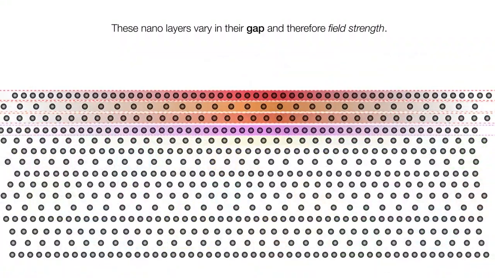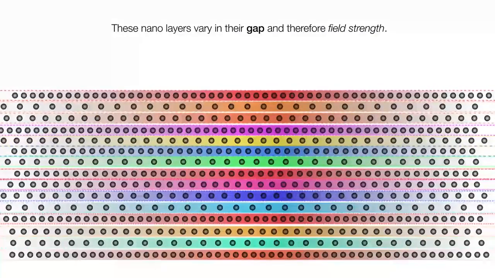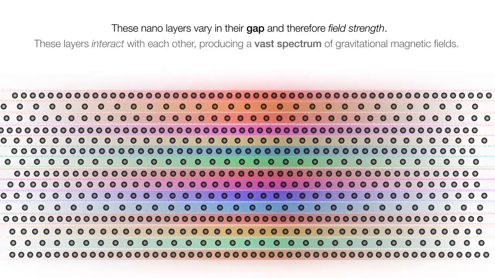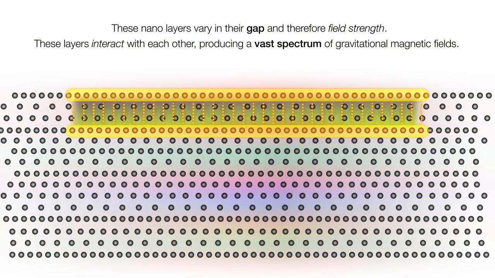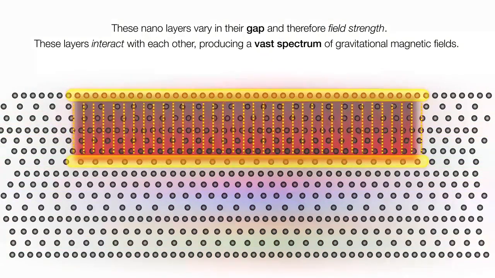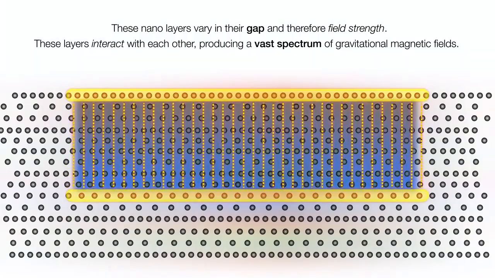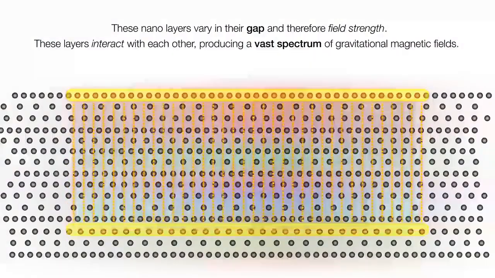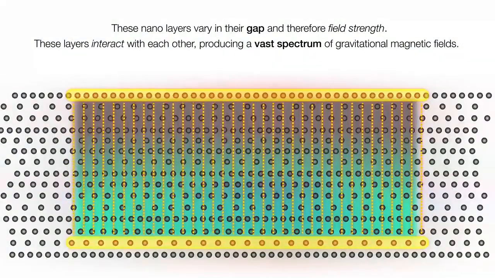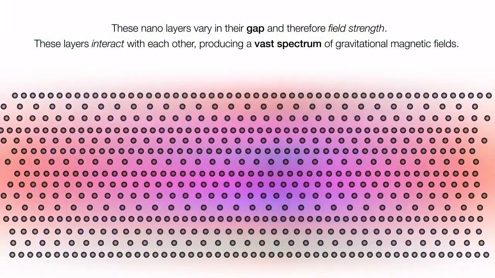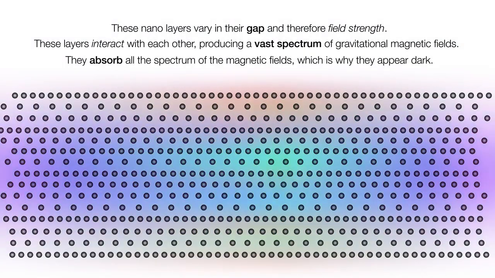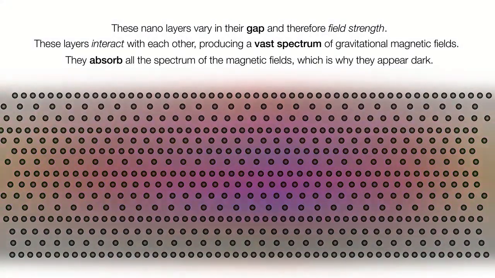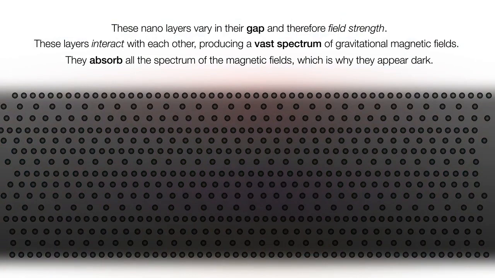These nanolayers vary in their gap and therefore field strength. These layers interact with each other, producing a vast spectrum of gravitational magnetic fields. They absorb all the spectrum of the magnetic fields, which is why they appear dark.